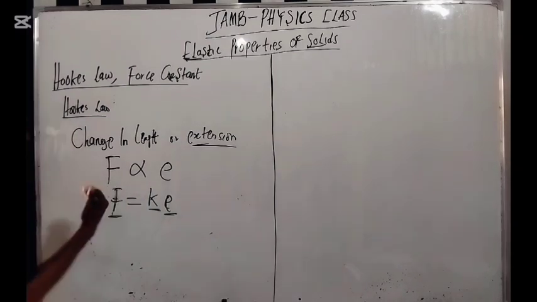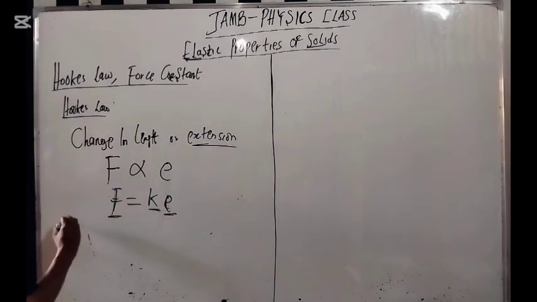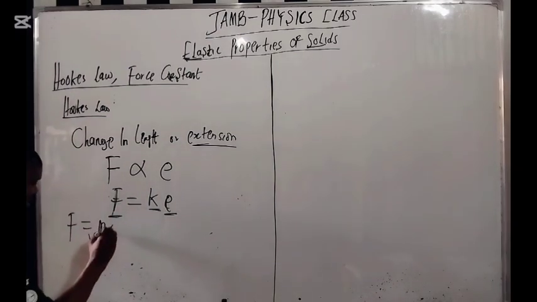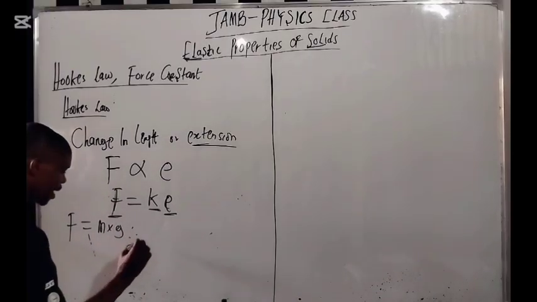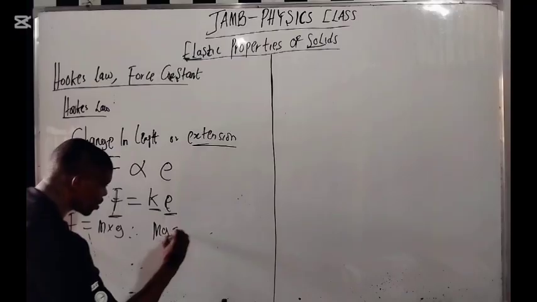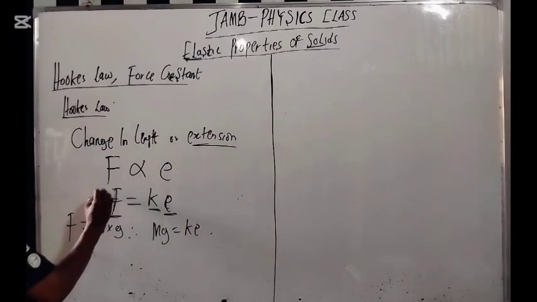Remember, force is equal to mass times acceleration due to gravity. So therefore we can say mg equals Ke. You can take note of this.